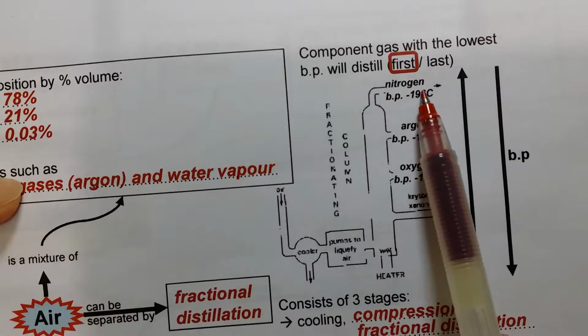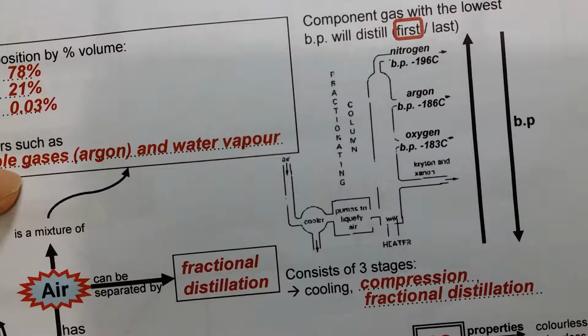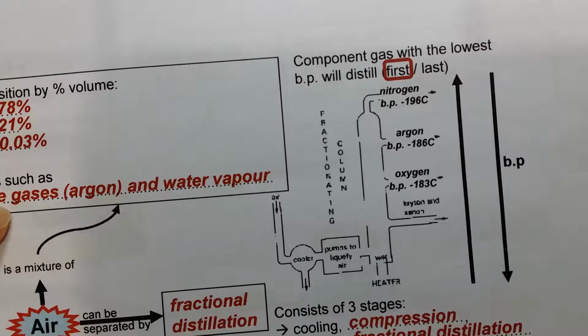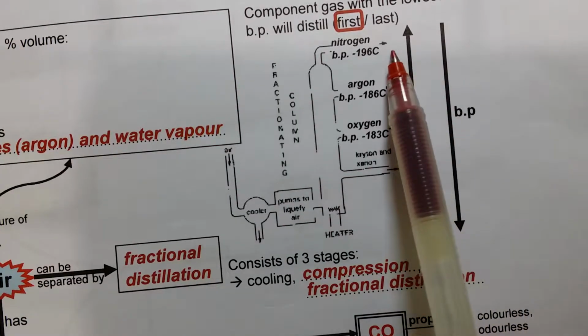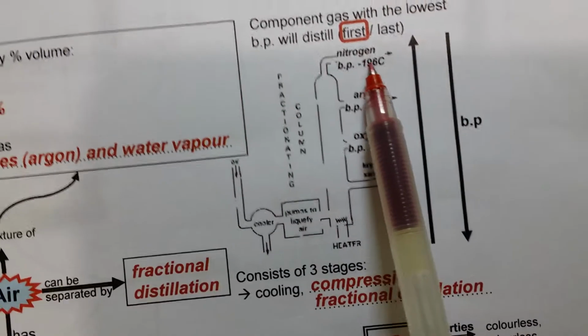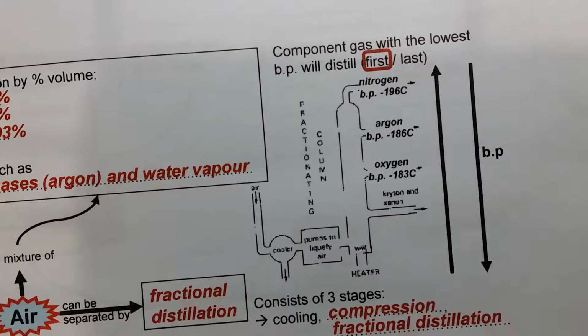So the gas with the lowest boiling point will get distilled over first, and of course the component gas with the highest boiling point will get distilled over last. So if you go up the fractionating column, the boiling point of the gas component will decrease.